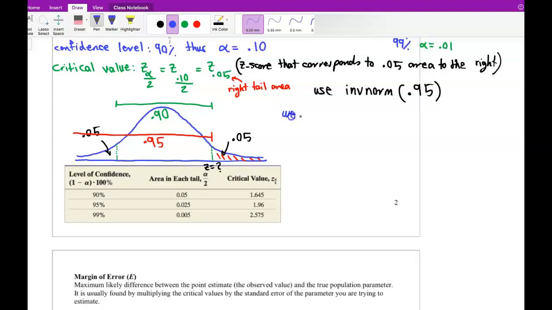We used area to the left to find z-score.